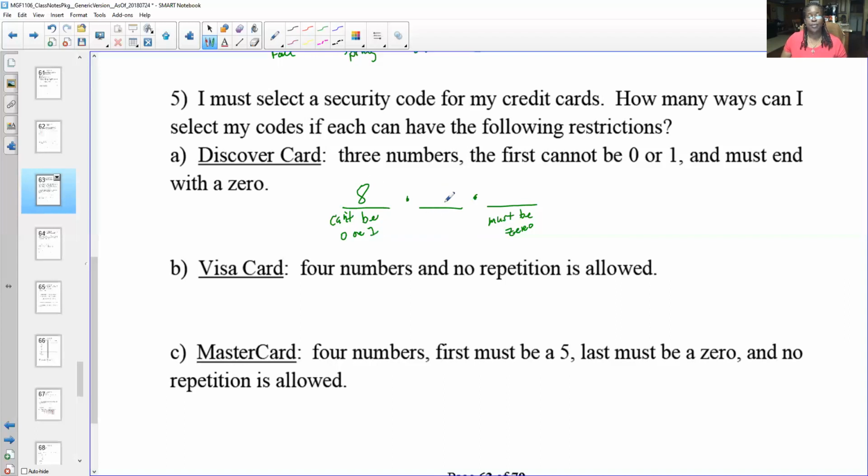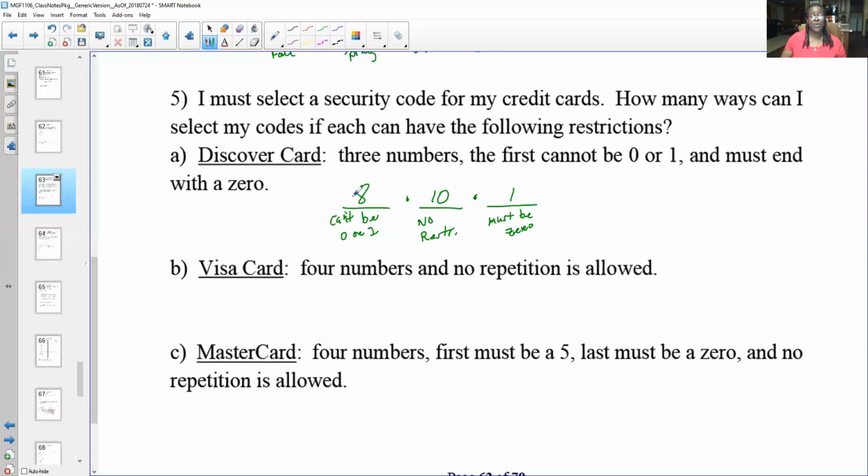The second number here doesn't have any restrictions. So no restrictions, right? So this can be any one of those 10 digits, so 10 to choose from. But we know for sure that this last digit here has to be a 0. So you only have one choice. Is everybody good?